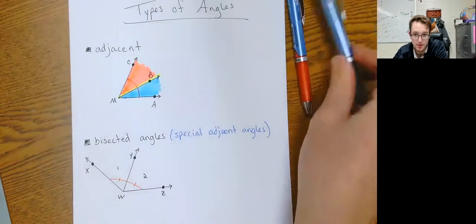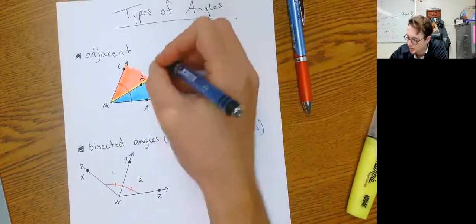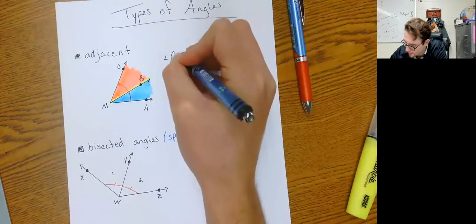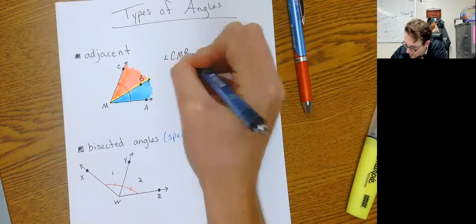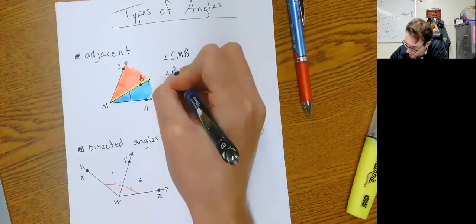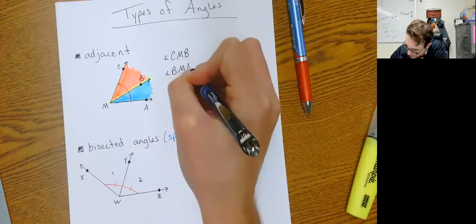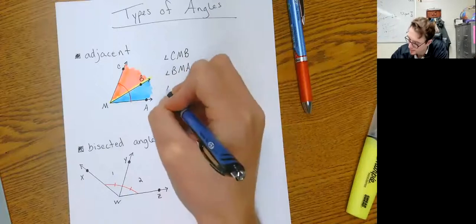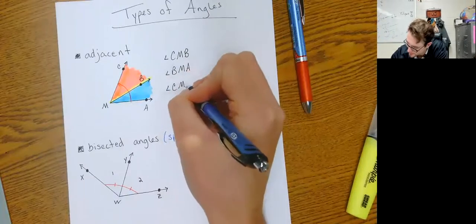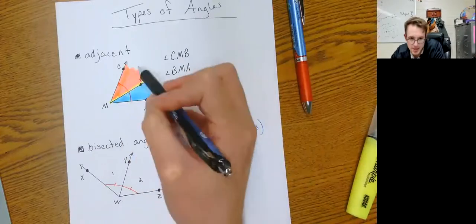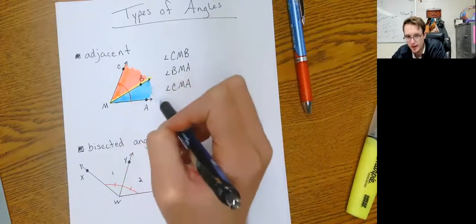So the three angles here are angle CMB, angle BMA, and angle CMA. Now, you could do angle BMC, angle AMB, angle AMC.